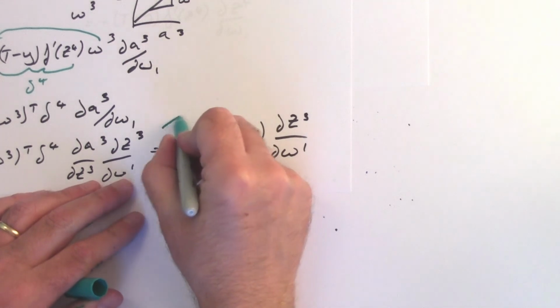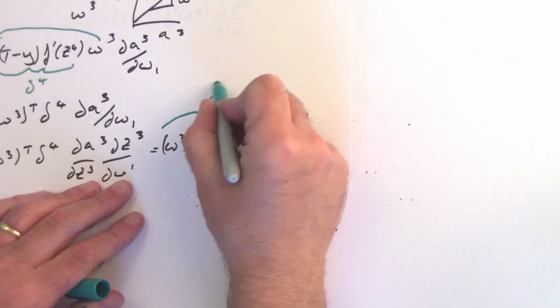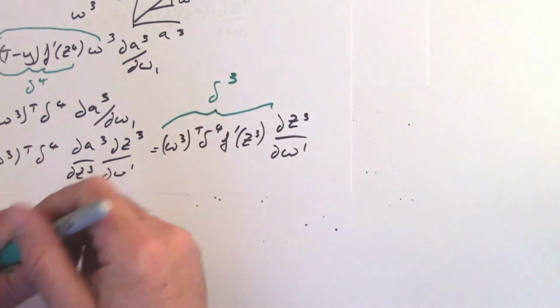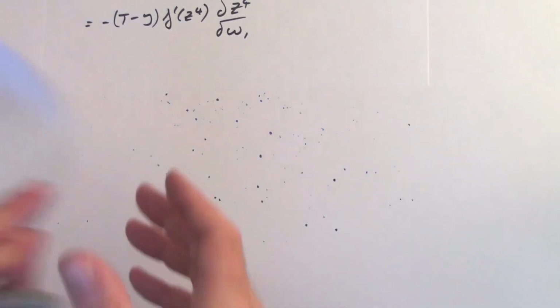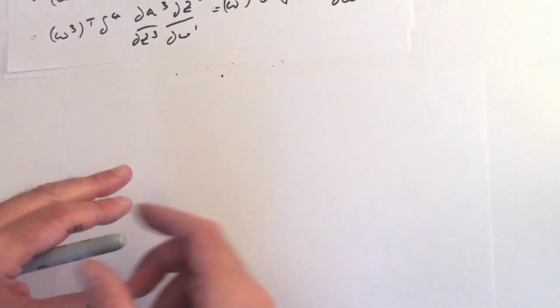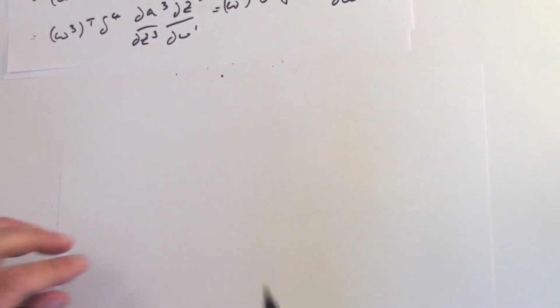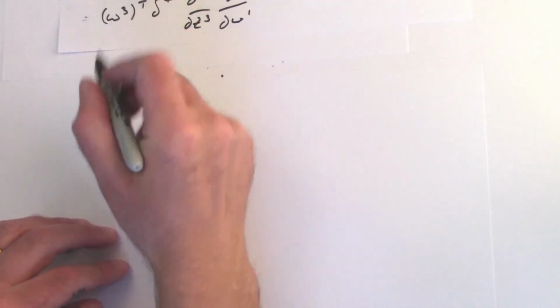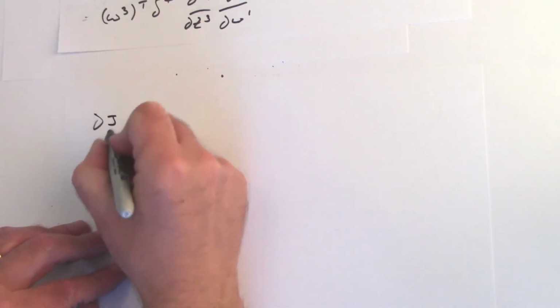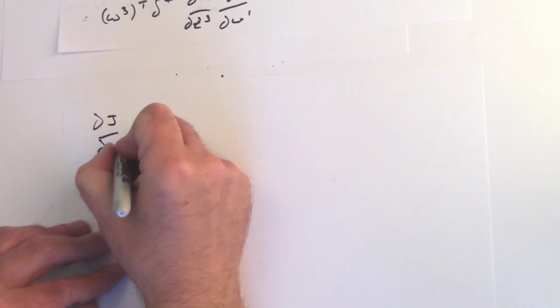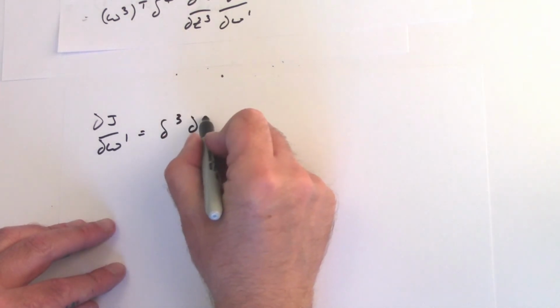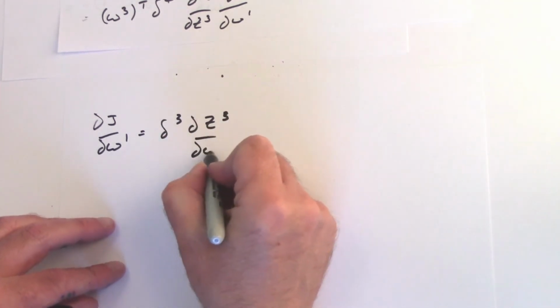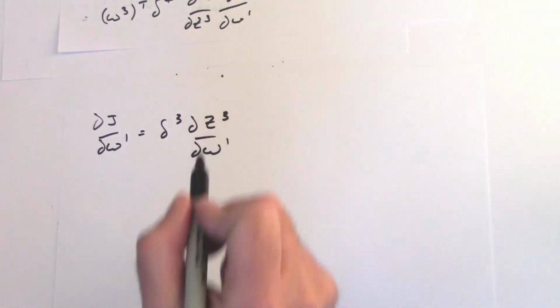And as before, we can say all of this is now del 3. So we have that dJ dW1 now comes down to del 3 dz3 by dW1.